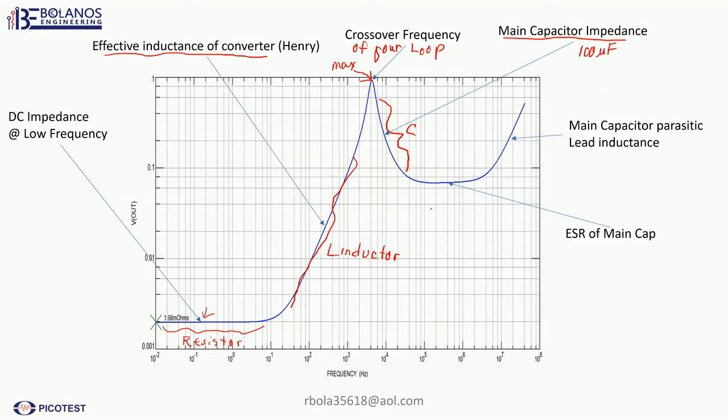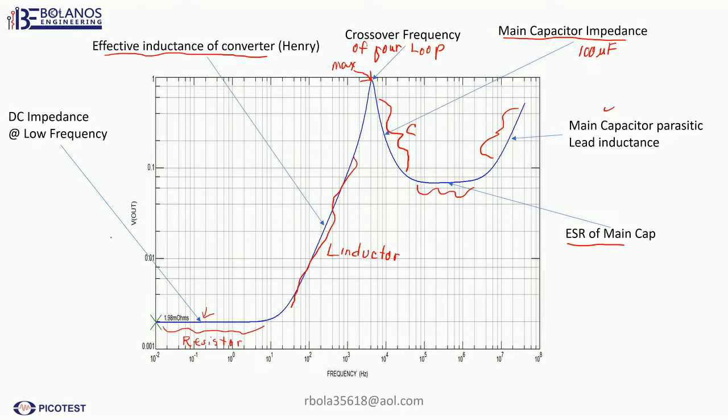capacitor. And then after that, you have another horizontal section. That's the ESR of the main cap. And then again, here you have another ascending plot. This is the parasitic and lead inductance of the cap.